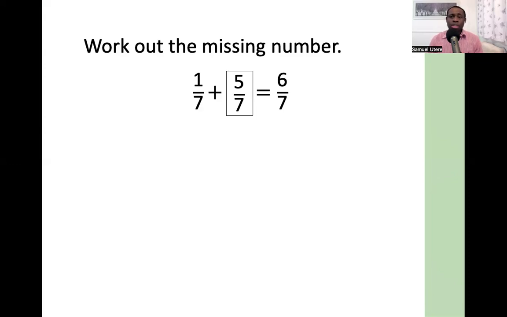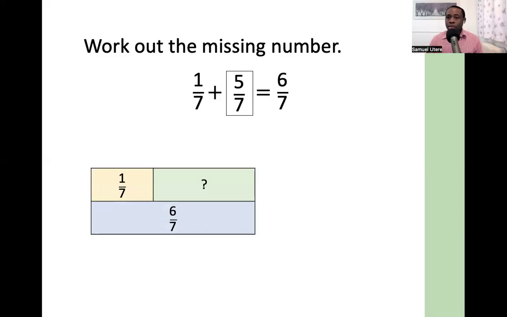I want you to take note that in maths, things we don't know, we usually use letters to represent them. So this question could have been written as 1/7 plus A equal to 6/7, or 1/7 plus B equal to 6/7, or 1/7 plus a question mark equal to 6/7. But in maths, we use letters. So take note of that.